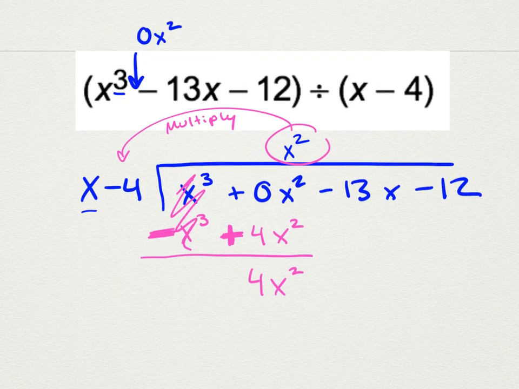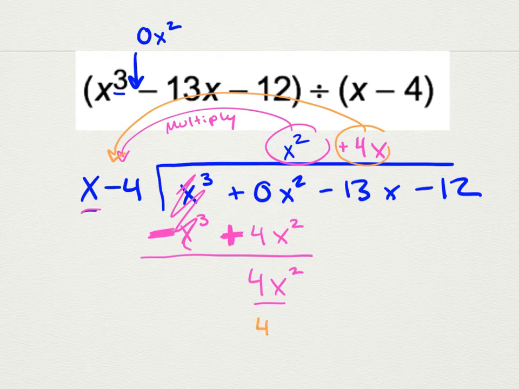Now we ask ourselves, what times x gives us 4x squared? 4x. So this would be plus 4x. Once we get a number up top, what do we do with it? Multiply. So we take this number, multiply it to what's out front. So what's 4x times x? 4x squared. What's 4x times negative 4? Negative 16x.